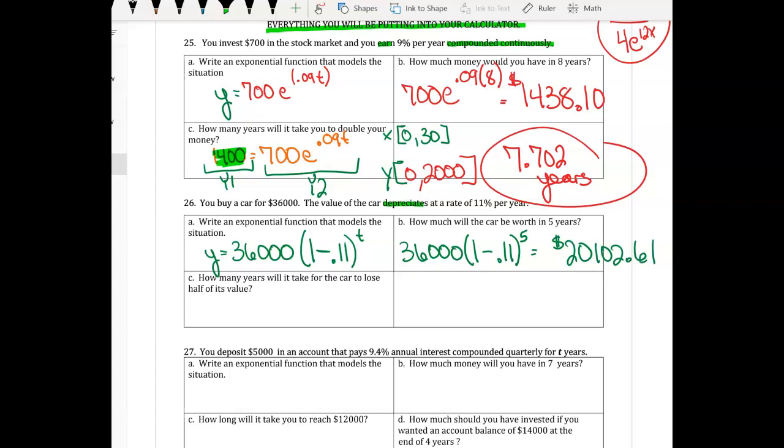All right, how many years will it take for the car to lose half its value? So that means we're going to drop to 18,000. I'll go ahead and put this in a Y and this in a Y. As far as my window goes, again, I think 0 to 30 is a safe bet for X. My biggest Y is 36,000, so I'm going to give it some wiggle room.